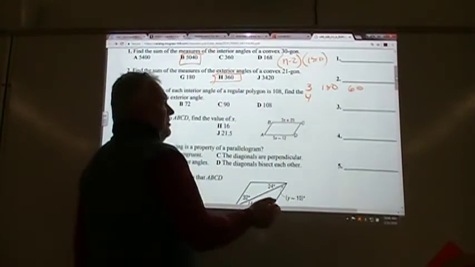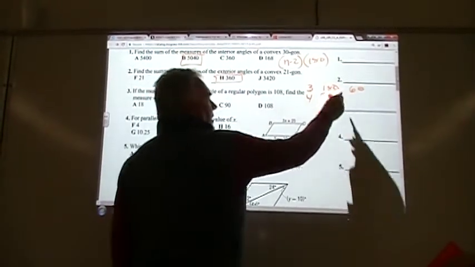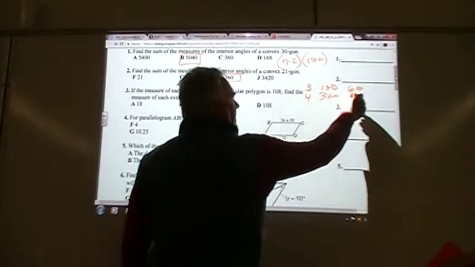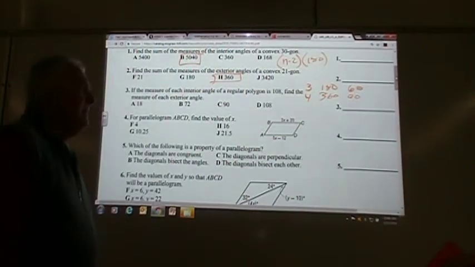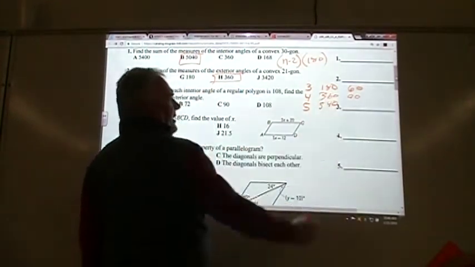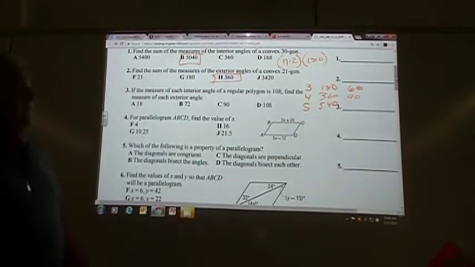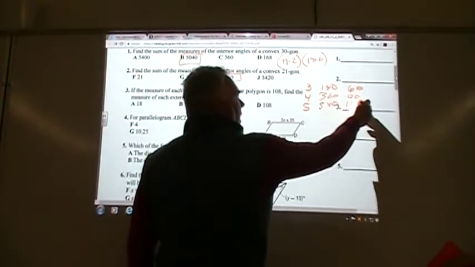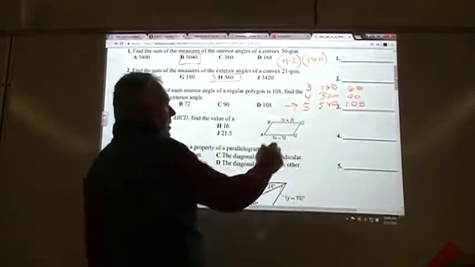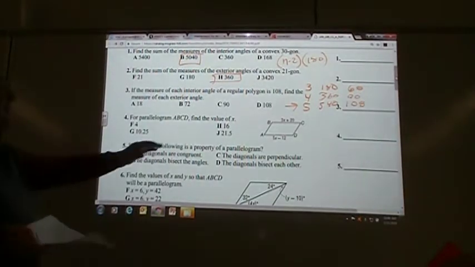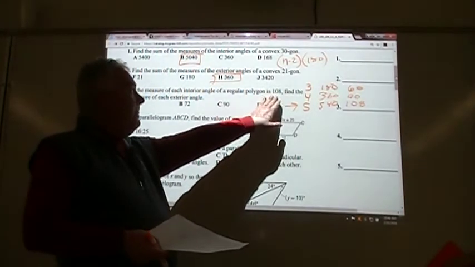Four-sided figure, a square, has 360. Every angle is 90. Five-sided figure has 540 degrees. If it's a regular pentagon, 108. And this is the one we're looking for, okay? So it's a five-sided figure. That's how we figured it out.